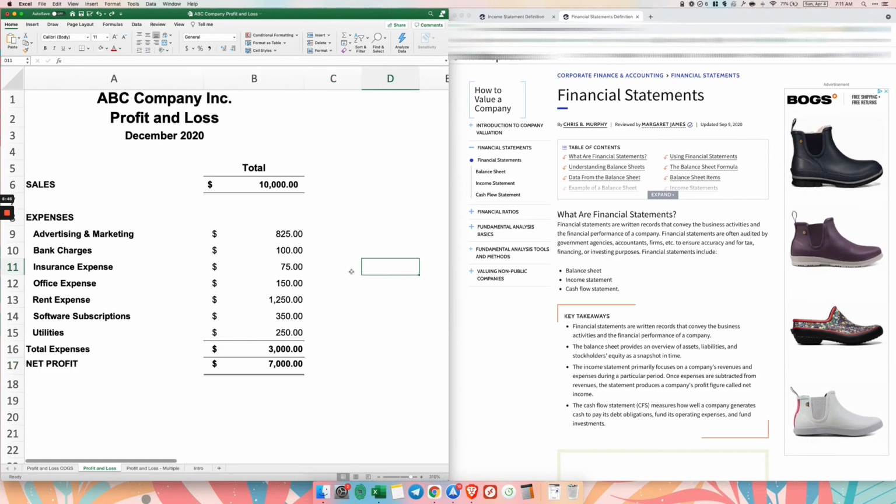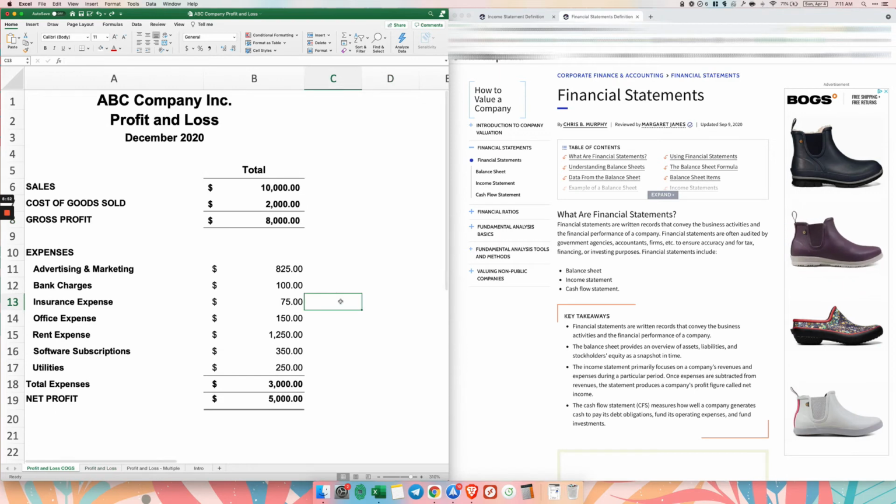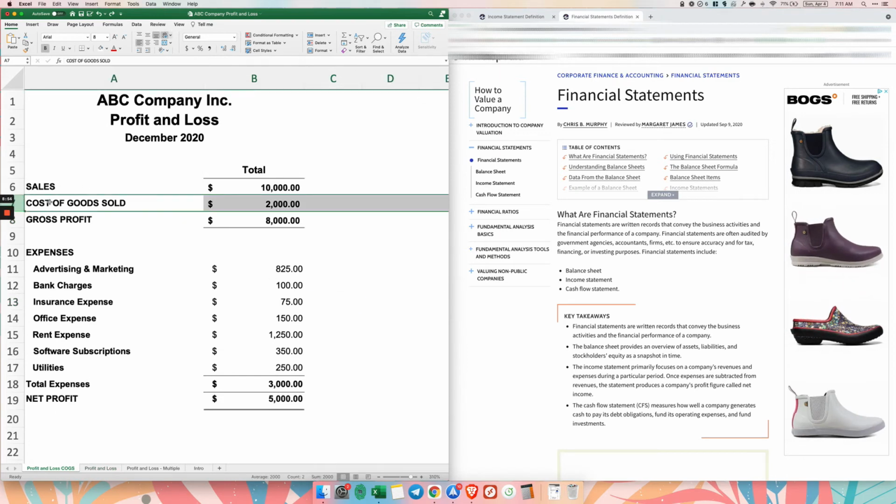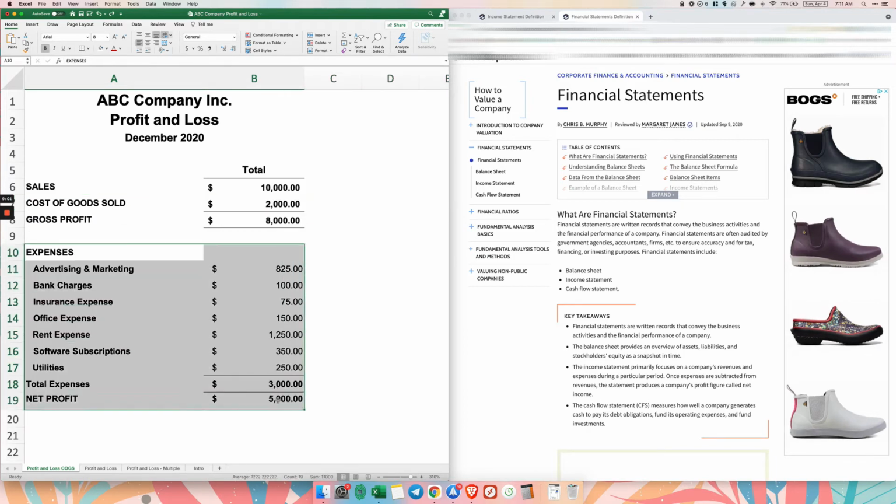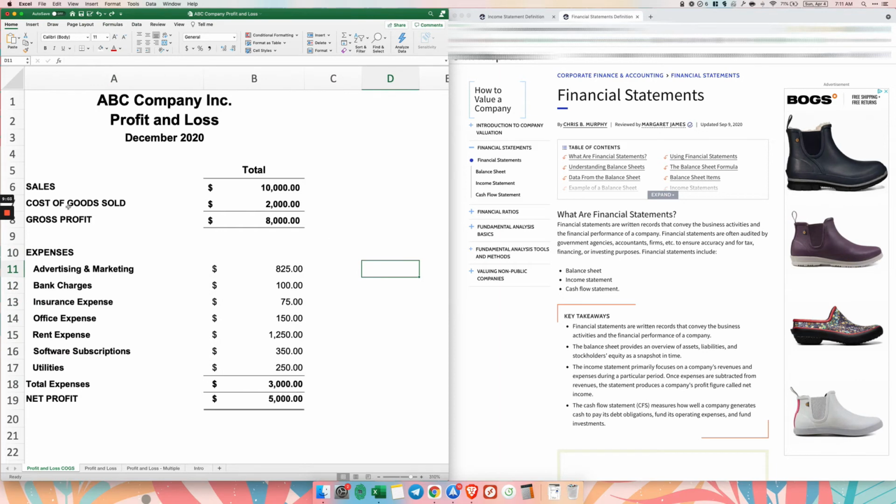Now, what if you sell products? How will it look? It will look slightly different, like this. There's just an extra line here called cost of goods sold, but basically everything else is the same. Cost of goods sold is basically how much the material costs when you buy it.